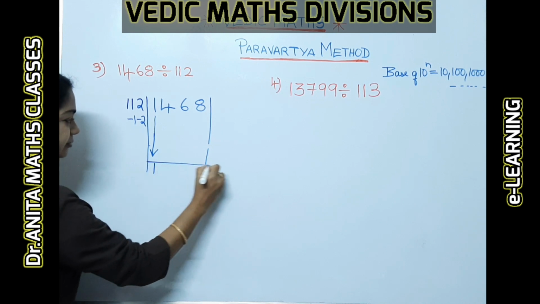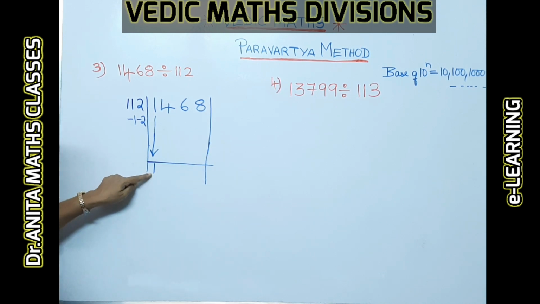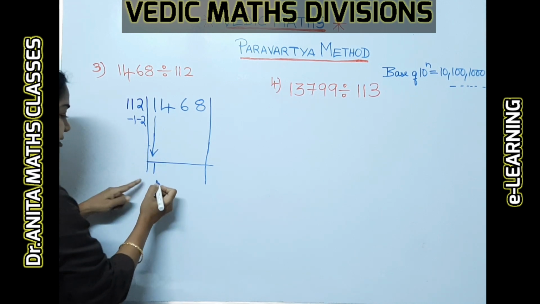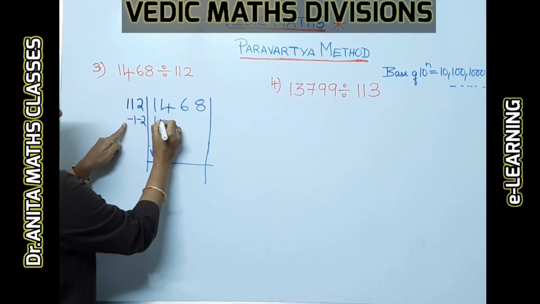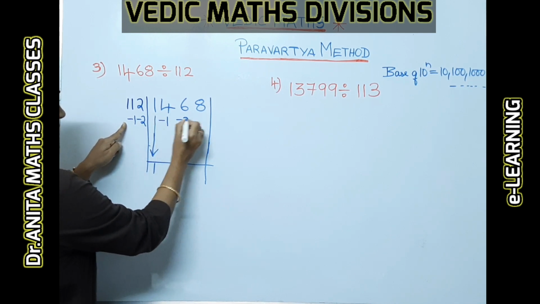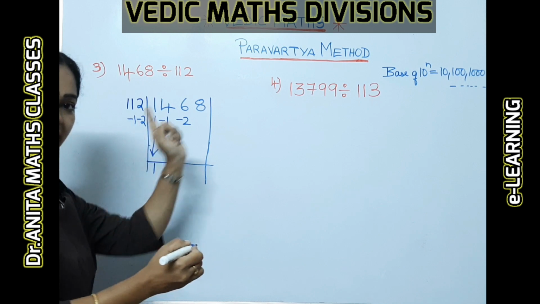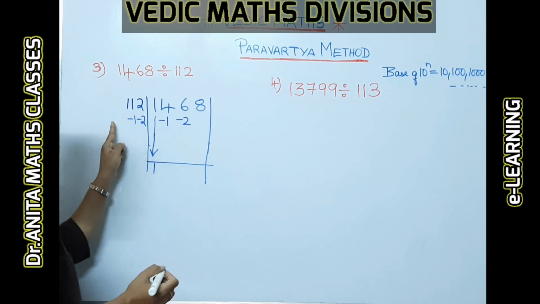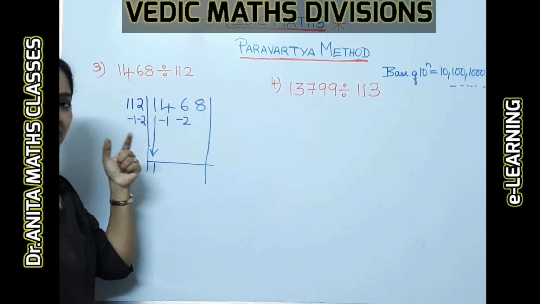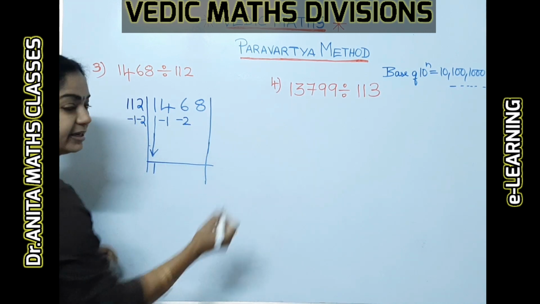This one should be multiplied with the transpose and written here. Now there are two transposes here. 1 into minus 1 is minus 1, and 1 into minus 2 is minus 2. Place them in the second row side by side, since there are two transposes. If there are three transposes for thousands, you have to place them side by side.